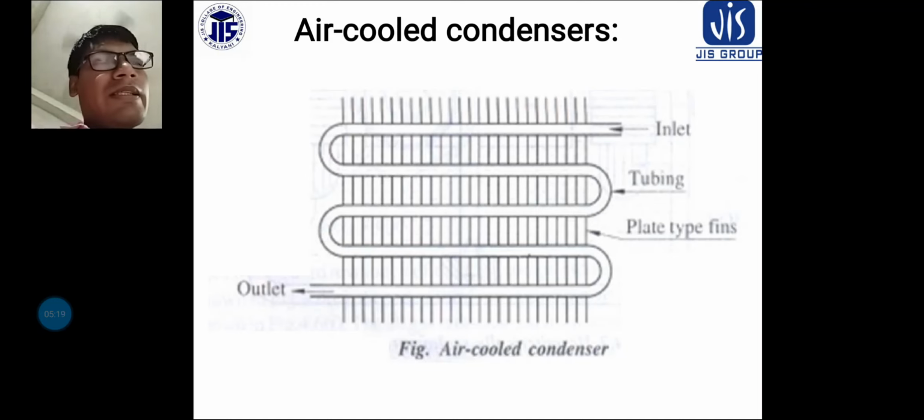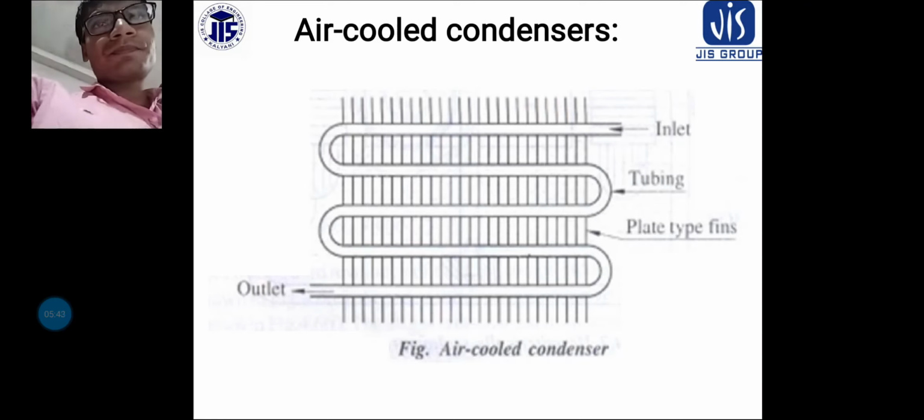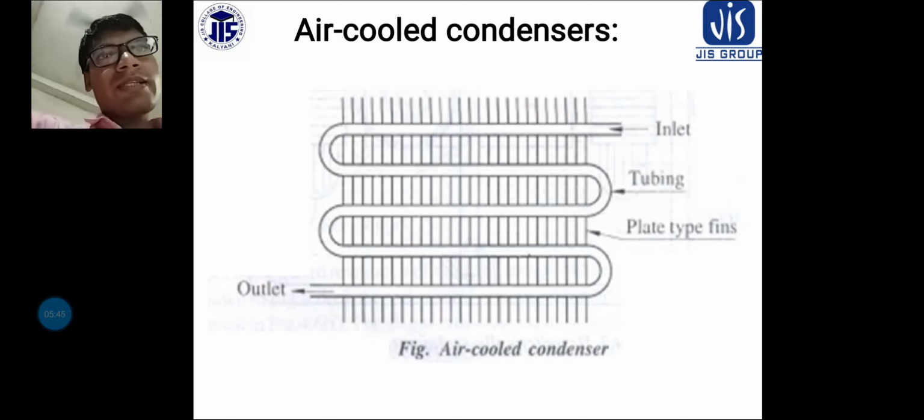Now the air cooled condenser. In this figure you can see the inlet pipe, where the refrigerant enters, coming from the evaporator and the compressor, and it comes out at the outlet. We can see the high temperature, high pressure refrigerant enters, and low temperature refrigerant goes out.